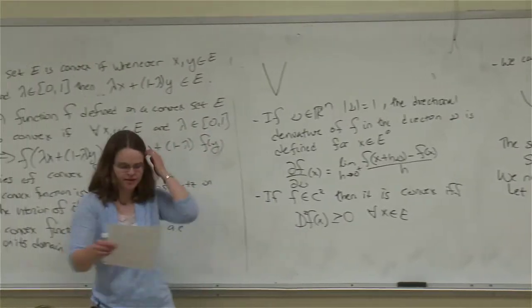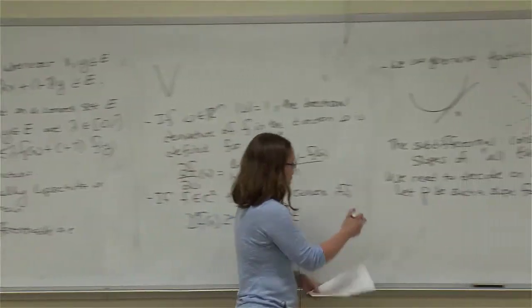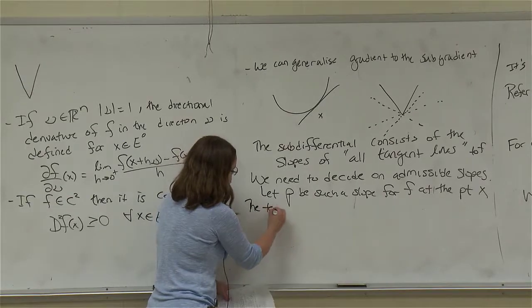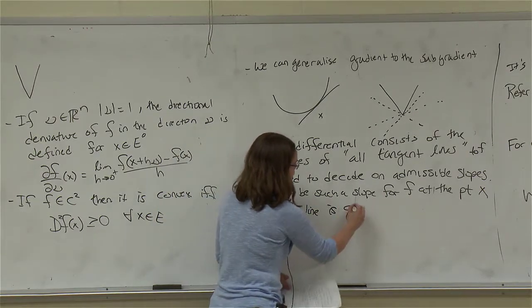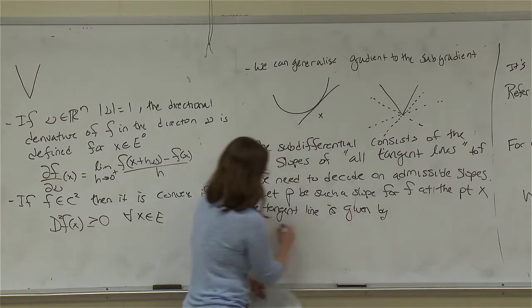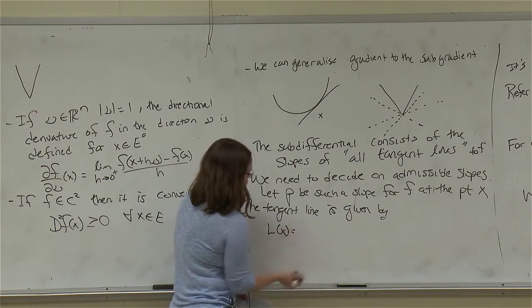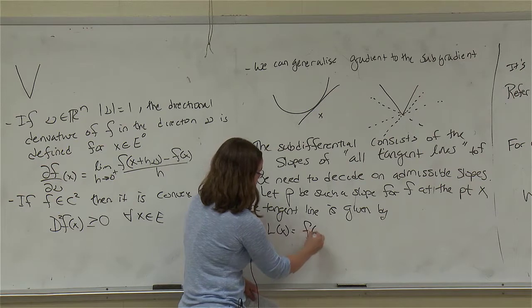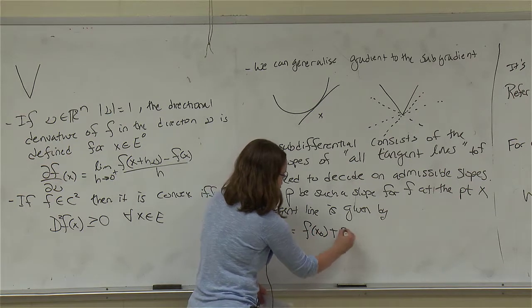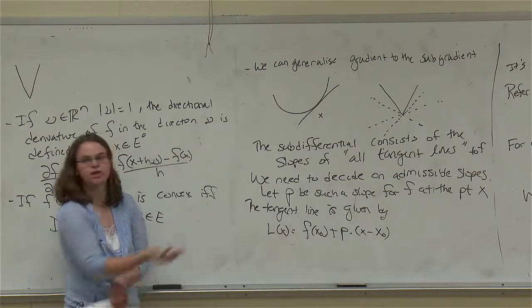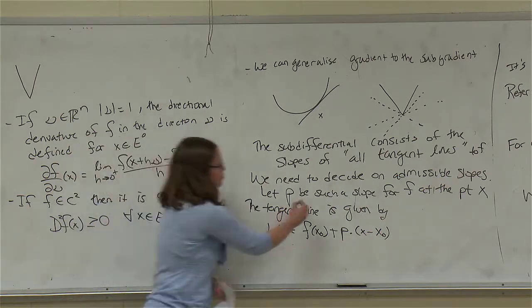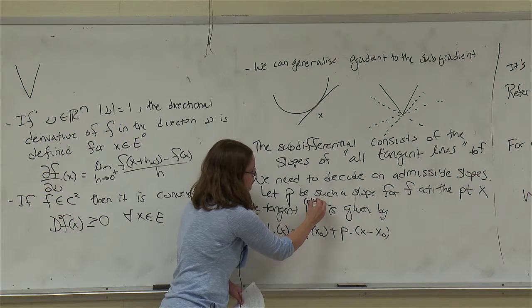Now let's just write down the conditions. What do we expect? The tangent line is given by L(x) = f(x_0) + p · (x - x_0), tangent line or tangent plane. So in general, this is going to be a tangent plane.